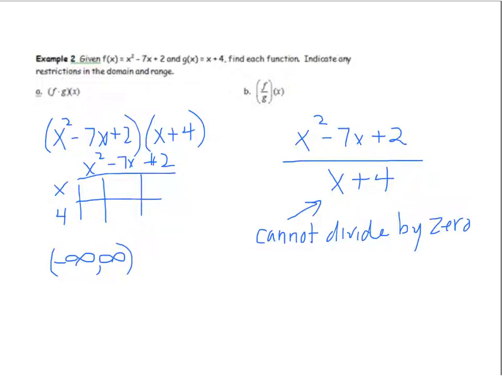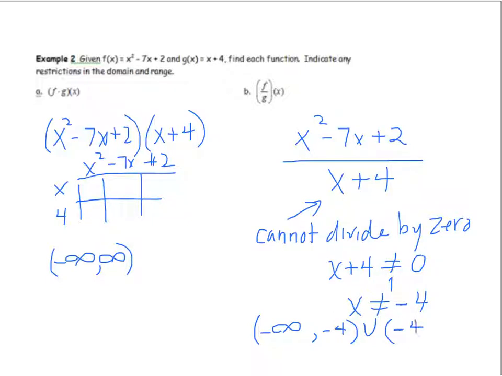But here it's all reals except where the denominator equals 0. And I have this symbol, not equal to, because x cannot equal negative 4. And if you write that in interval notation, that would be negative infinity to negative 4, and then like there's a gap there, negative 4 to infinity.